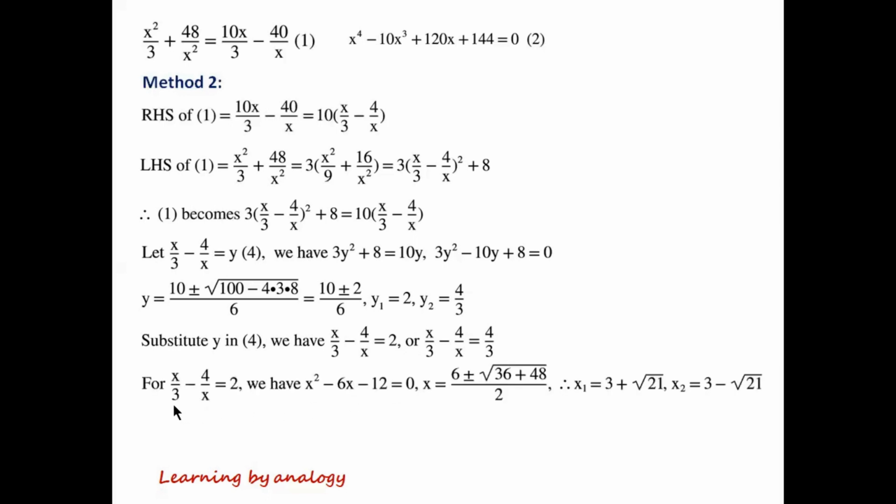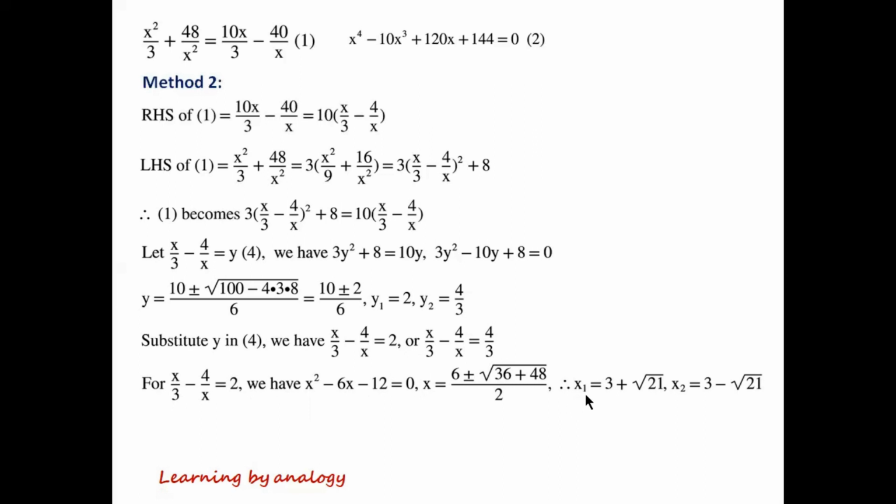For x over 3 minus 4 over x equals 2, we have x squared minus 6x minus 12 equals 0. x equals 6 plus minus root of 36 plus 48 over 2.